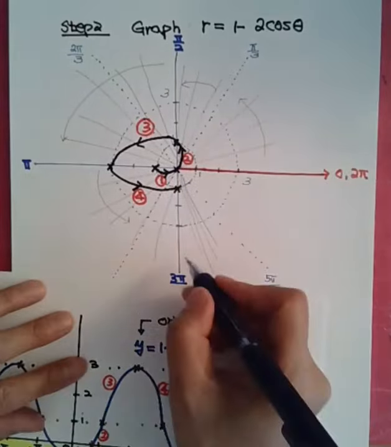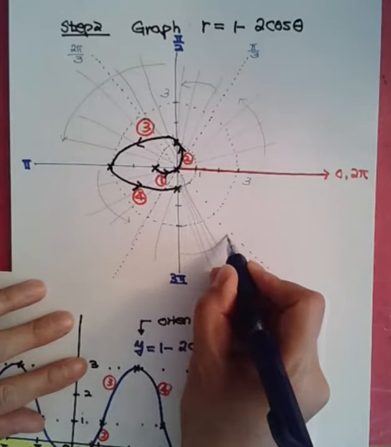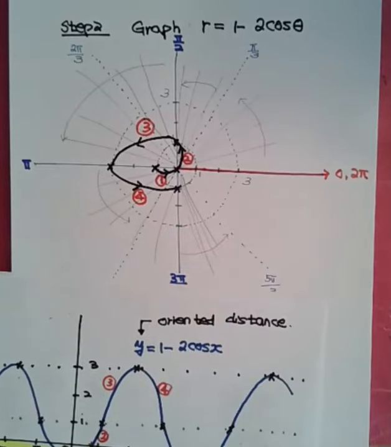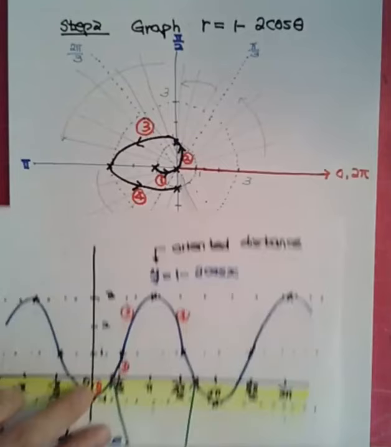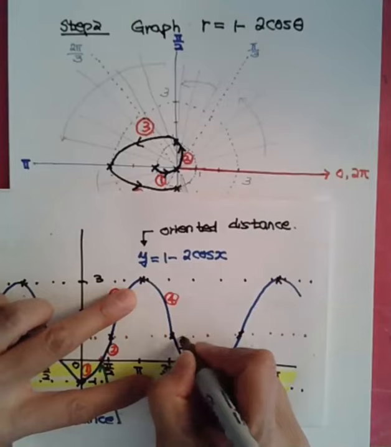The angle varies counterclockwise. This is region 5.